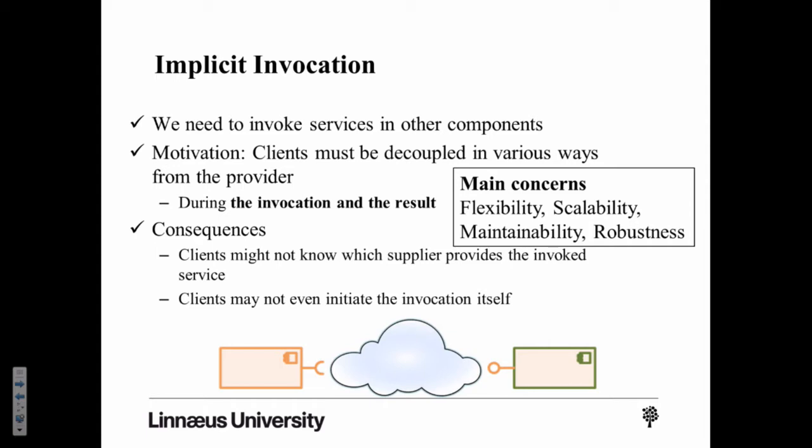But say that you have a situation where if something happens somewhere in your system, you would like something else to happen. Well, that can be managed by this client invoking a service, but it can also be the client waiting for this to happen.